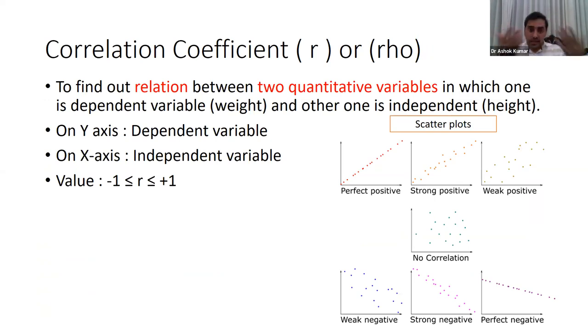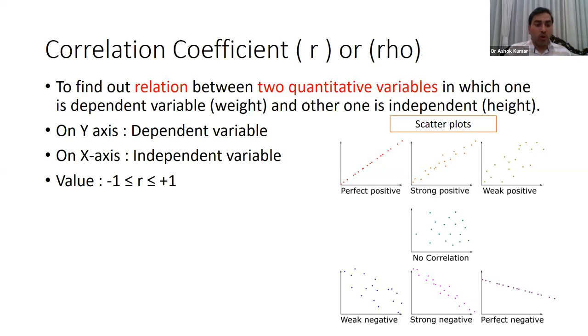If any quantitative variable, or both quantitative variables, are not normally distributed, go for Spearman rank correlation coefficient, in which one is the dependent variable, that is quantitative, weight is quantitative, and the other one is the independent variable, that is also quantitative. Okay, it may be qualitative also, but in this case I have given an example of a quantitative dependent variable and a quantitative independent variable.